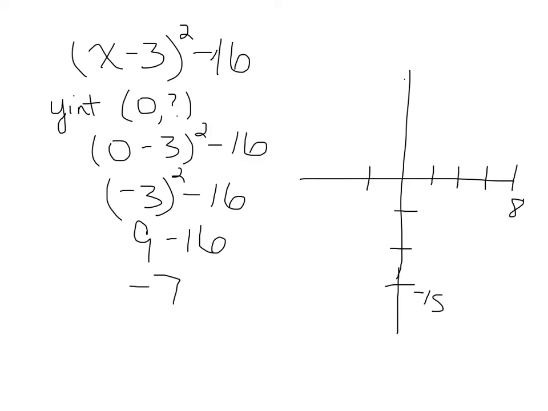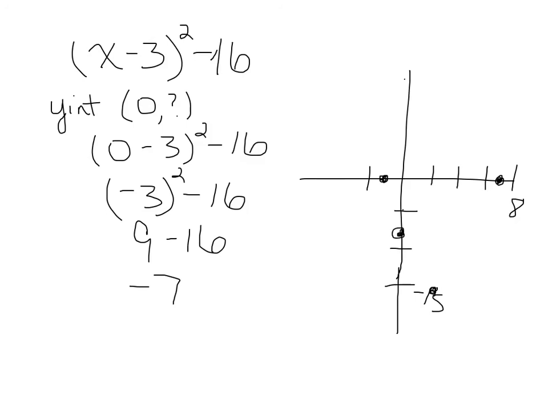Okay, should be good. Our vertex, or minimum point in this case, is 3, negative 16, so that would be down there. The x-intercepts are at 7 and negative 1. And the y-intercept is at negative 7, so that's 5, 10, so negative 7 is about that.